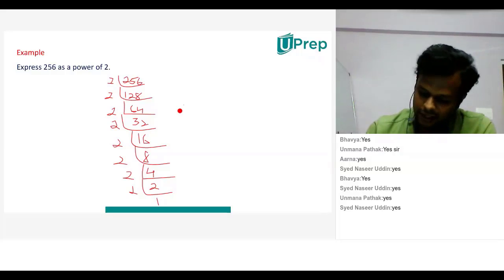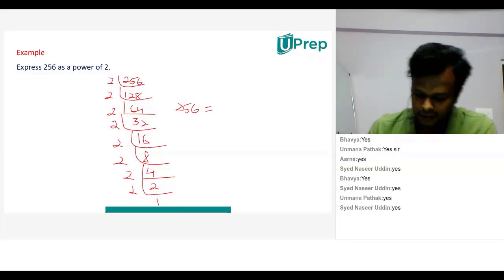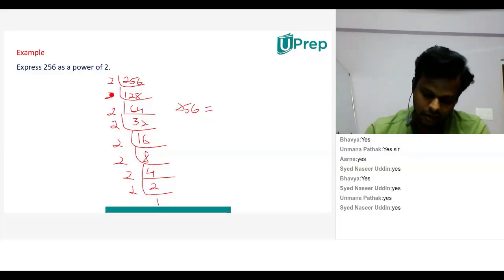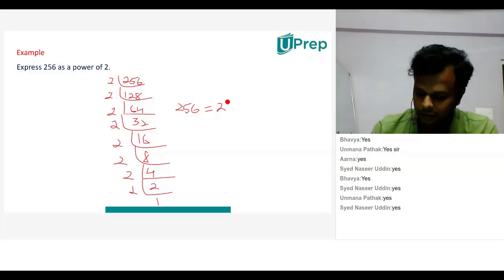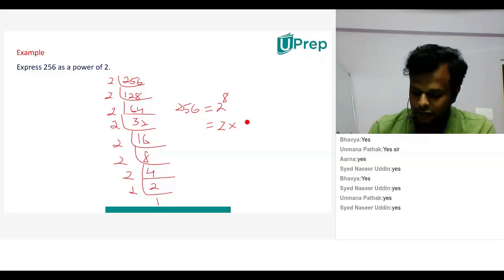So if I have to write 256, children, how do I write it? Count the number of 2s here, children. This is 1 2 3 4 5 6 7 8. So I write 2 to the power 8. This can also be written as 2 multiplied 8 times.